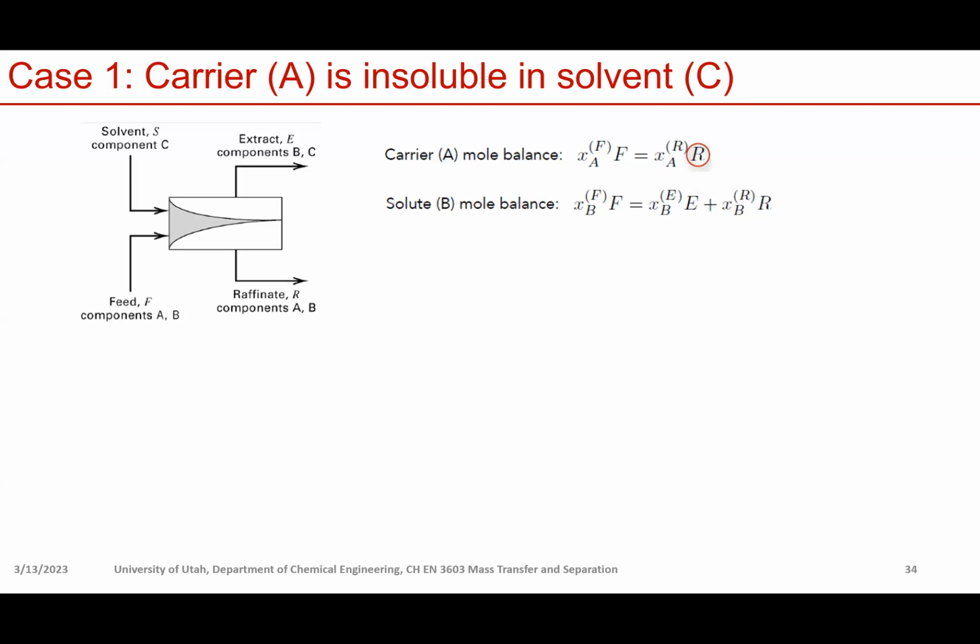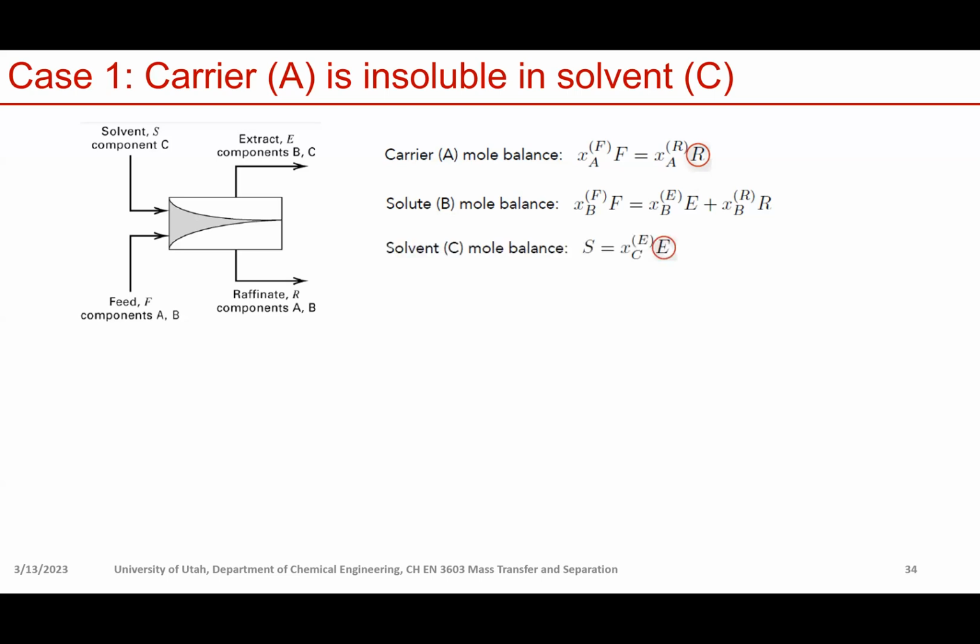That equals the mole fraction of B in the extract multiplied by the extract flow rate, plus the mole fraction of B in the raffinate multiplied by the raffinate flow rate.